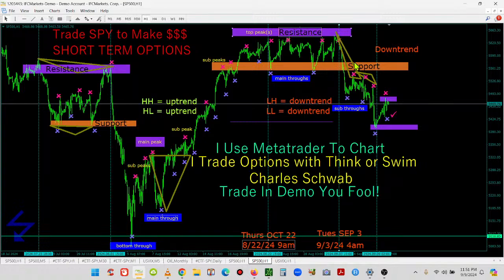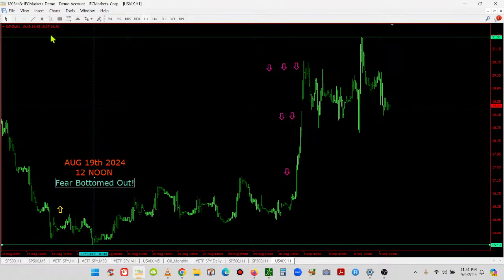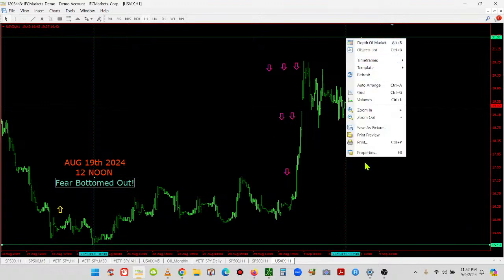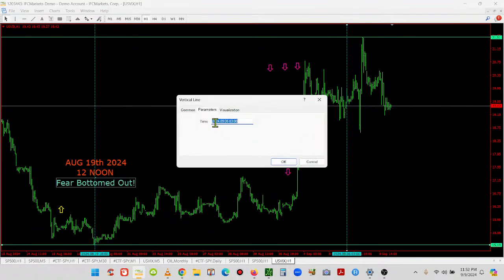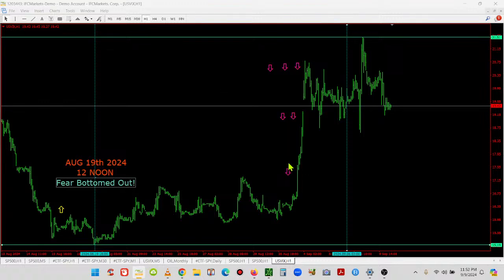You see the market's going down, but what is the VIX doing at 9/9? The VIX is basically going up, right? It's like right here.